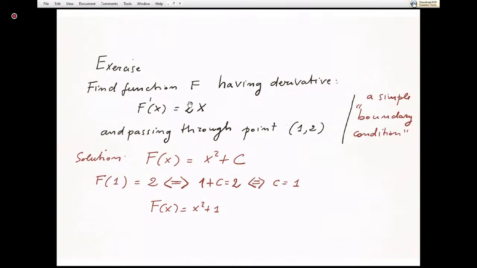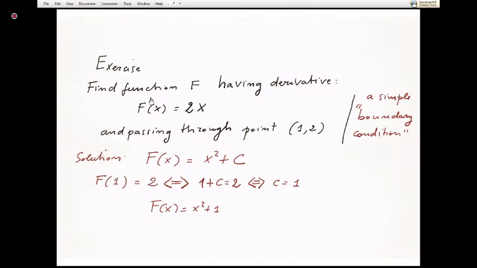The problem could be like this: find a function F, capital F, having this derivative, and passing through the point 1, 2 in the plane. This is one type of boundary condition.